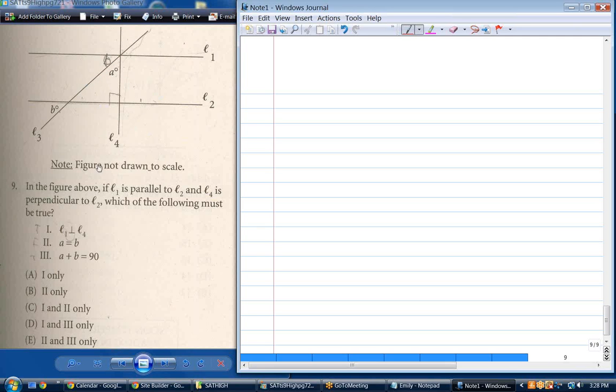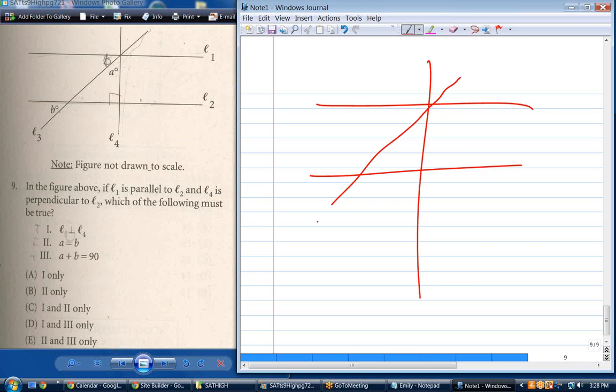Sometimes I like to solve these problems not mathematically but graphically. That's their picture, but if I were to make it look like that, everything else would still be true, and yet it would change the relationship between A and B.